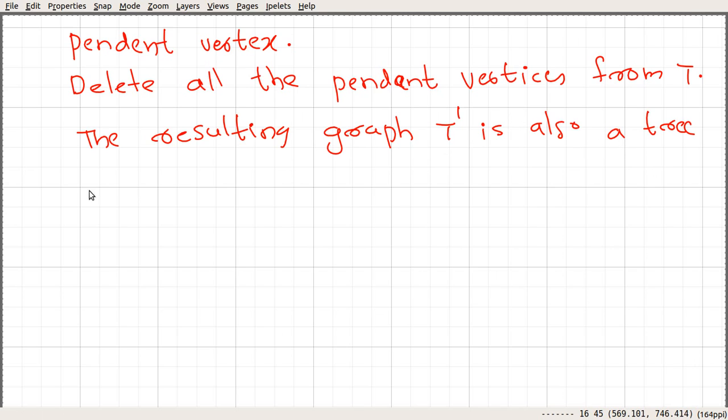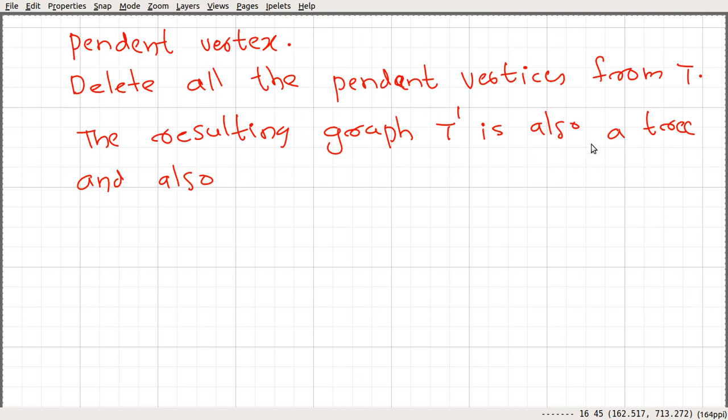We can also see that the eccentricity of all the vertices in T dash is uniformly reduced by 1. That says the center of T dash will be equal to the center of T. The centers won't change in this process.